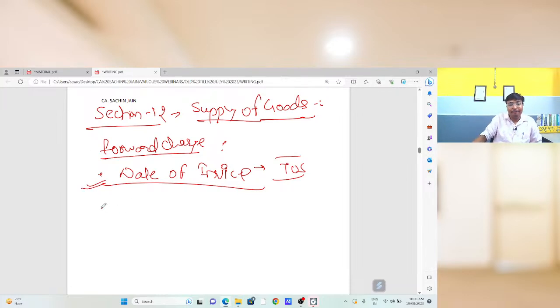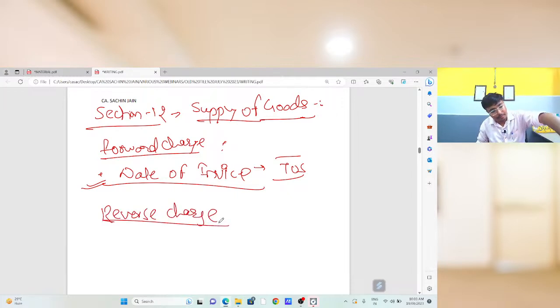Now, if I am talking about supply of goods in case of reverse charge, what will be the time of supply?